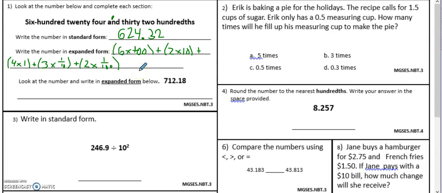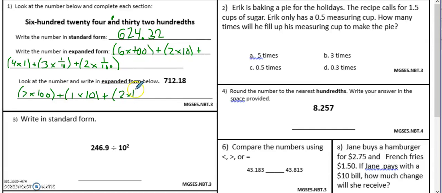The last part says, look at the number and write in expanded form below. So again, extra practice with expanded form. This time we're just looking at it in standard form, but we're still doing the same thing, the digit times its value. So that 7 is in the hundreds place, plus that 1, which is in the tens place, plus that 2, which is in the ones place.